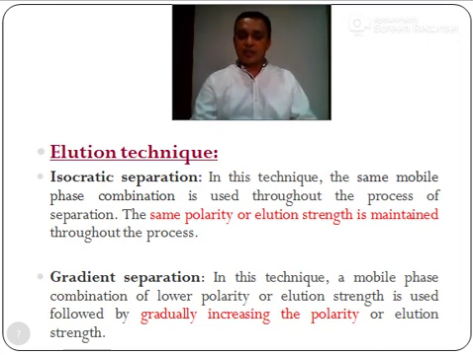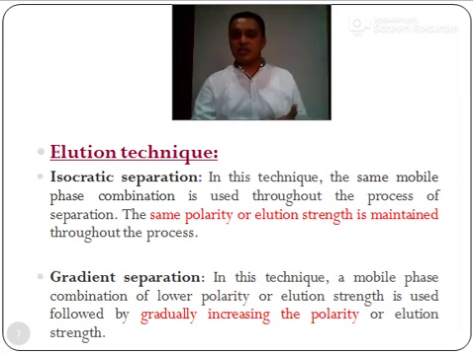But in gradient separation, the mobile phase and solvent system are changed, gradually increasing the polarity of the solvents, and on the basis of polarity your compounds are separated out. When you don't know the HPLC method for the separation, we go for gradient separation for a new method of analysis, new method development.